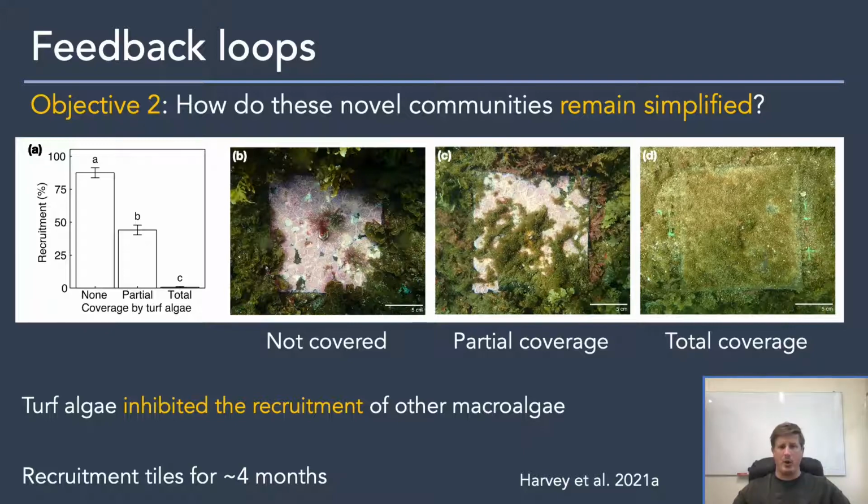And quite simply put, we found that if there was coverage by turf algae and its associated sediment, it almost entirely inhibited the recruitment of other macroalgae, particularly coralline algae. Whereas in the absence of this turf algae, some normal development would occur, suggesting that there is a strong feedback role of the turf algae in inhibiting the recruitment of other macroalgae.